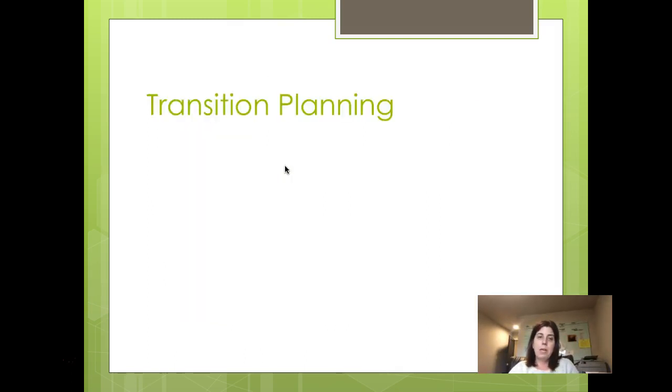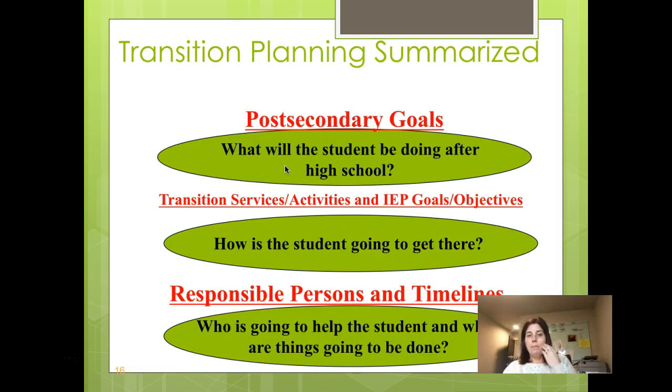So I wanted to spend some time talking about transition planning because it's something that I think there's some confusion on. It varies, but generally speaking, around the age of 16, there's a requirement in the IEP that we need to talk about transition. So what does that mean? Transition planning summarized means we really need to think about and talk to the student about what they want to do after high school.